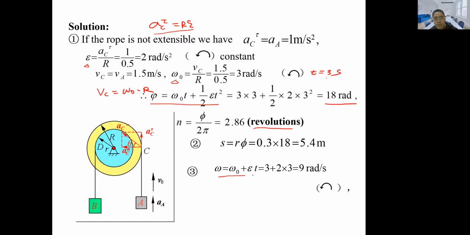Then use omega equals omega_0 plus epsilon times t, and v_B will be omega times r. So omega_0 equals 3 radians per second, but after 3 seconds it changes into 9 radians per second, because it is accelerated rotation.